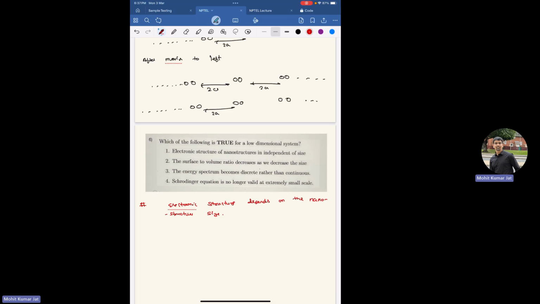If it is 1D, its density of states will go as E to the power minus 1/2. I think that's what it is. So if I draw the shapes, it will be like this. This is the density of states for 3D, this for 2D, it will be constant, and in this case, the density of states will be like this.